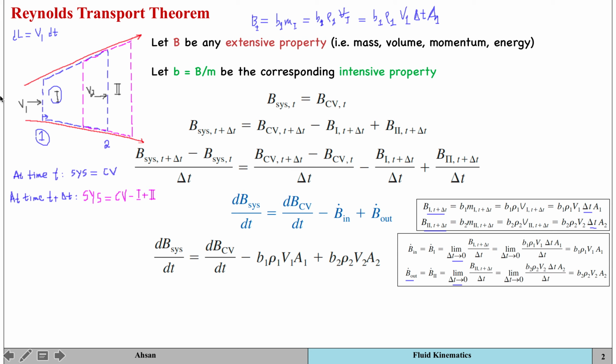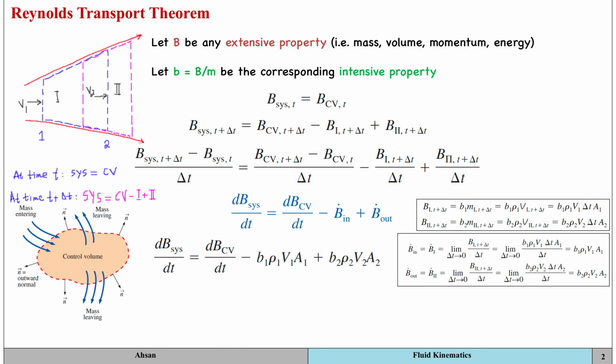The velocities may not be normal as they are in this case. So then we need to generalize this process, and we need to consider deriving a general expression instead of writing it in terms of how we've written here. We need to generalize because, like I said, there could be multiple inlets and multiple outlets within our control volume.